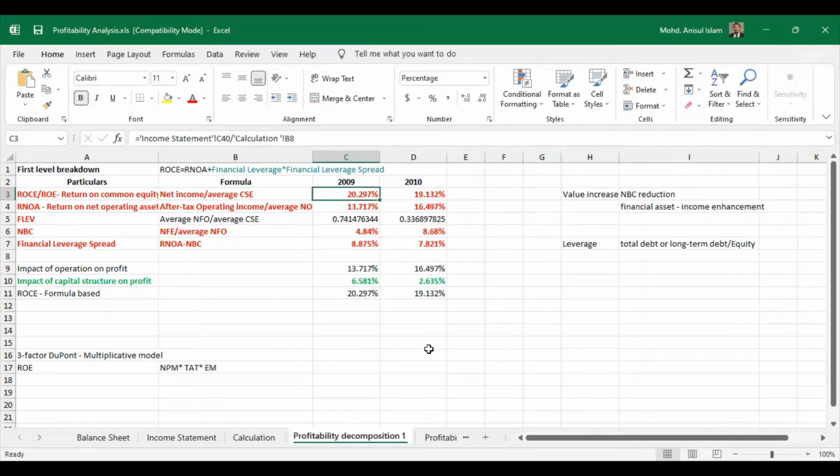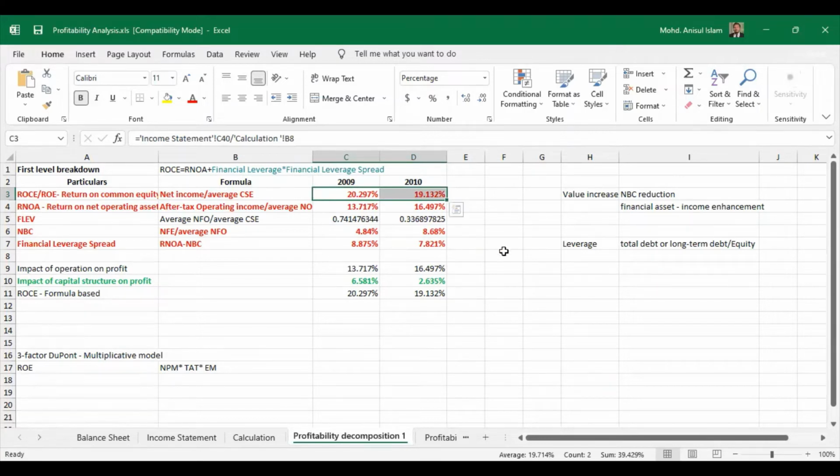So for this purpose, to determine the impact of leverage on our profit or on our value generation, I am using profit and value generation synonymously. I am reflecting that this is the value generation or this is the profitability. Okay, we like to find out what are the sources of this.